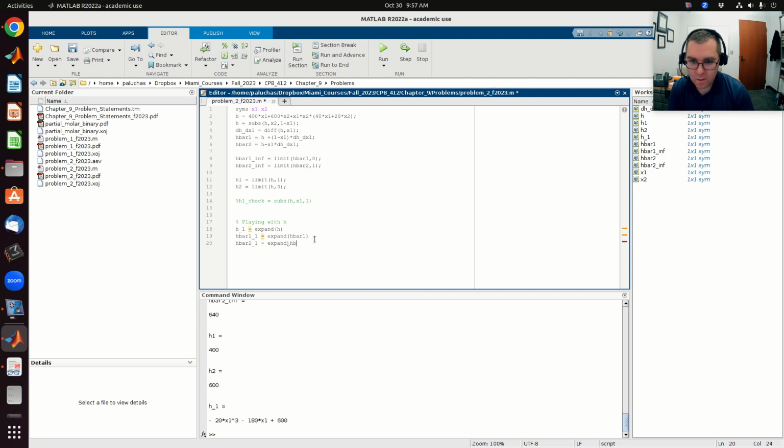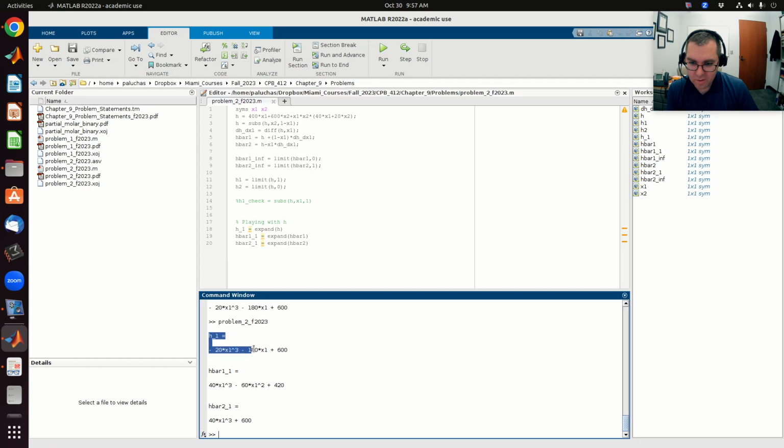If I run this, there's my expanded h. Here are my simplified expressions for h bar 1 and h bar 2. So h bar 1 is just 40 x1 cubed minus 60 x1 squared plus 420. And then there's h bar 2, so I don't even need to simplify.